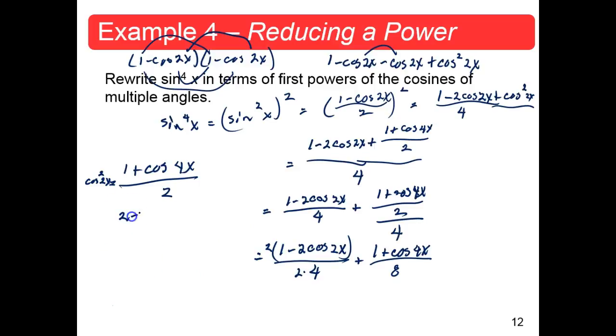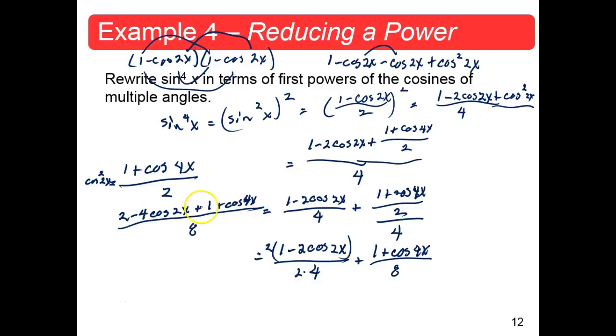2 minus 4 cosine 2x plus 1 plus cosine 4x. Okay, there it is. And then this is all over 8. Okay?